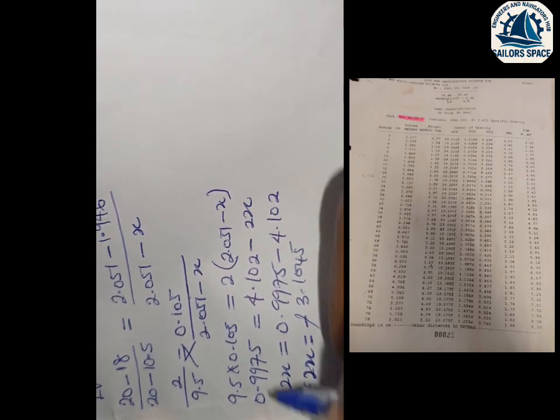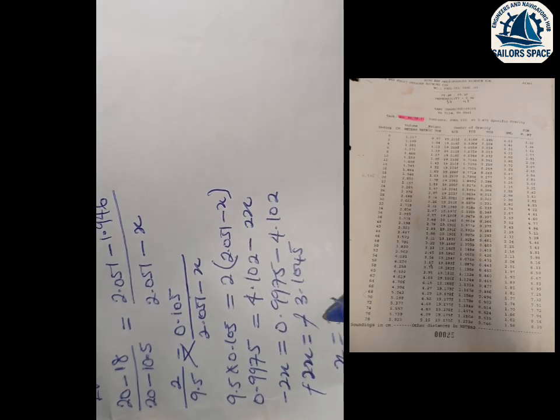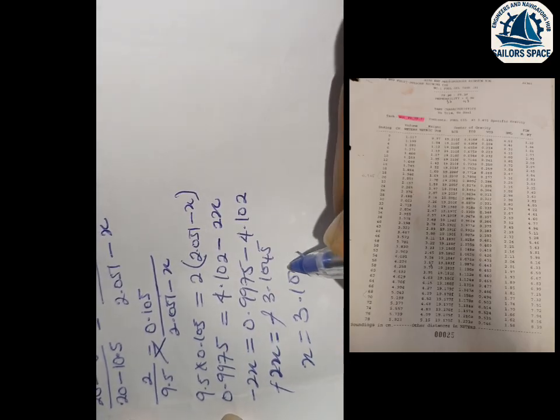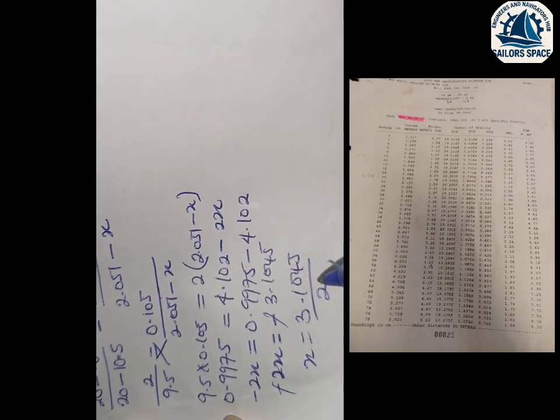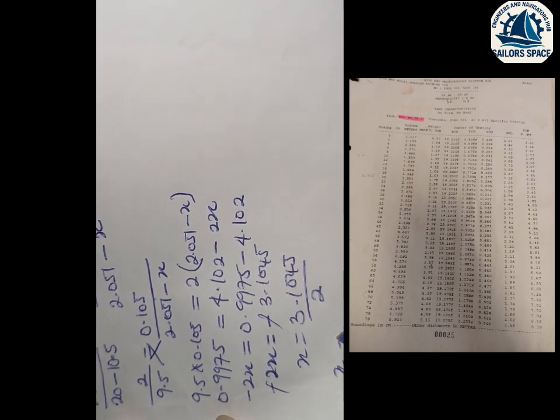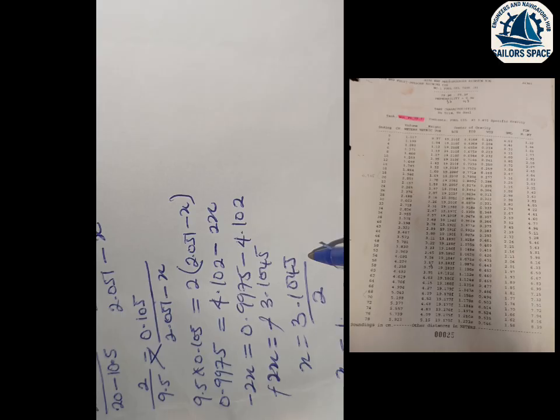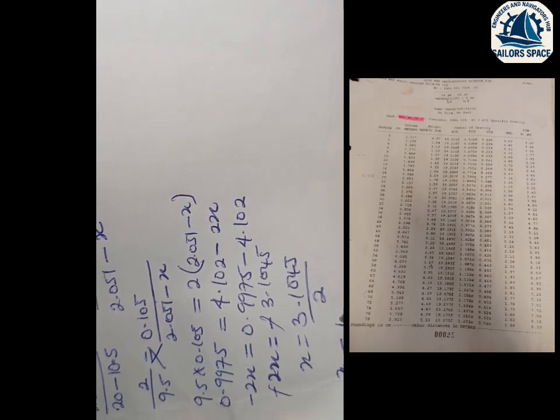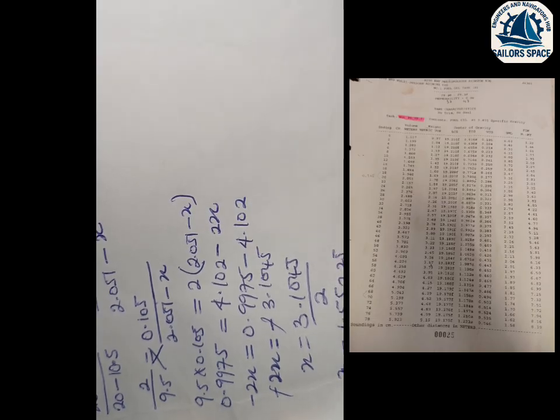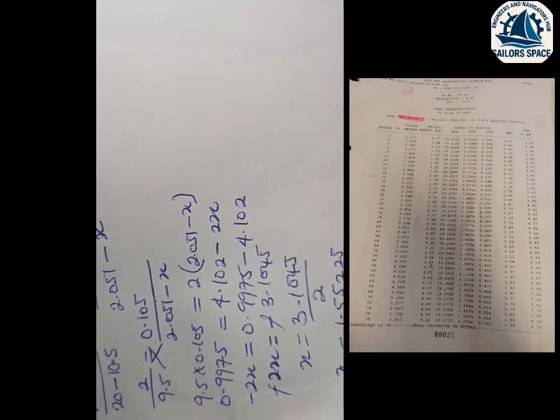So we have x equals to 3.1045 divided by 2, which gives us 1.55225. So x approximately will be 1.55.